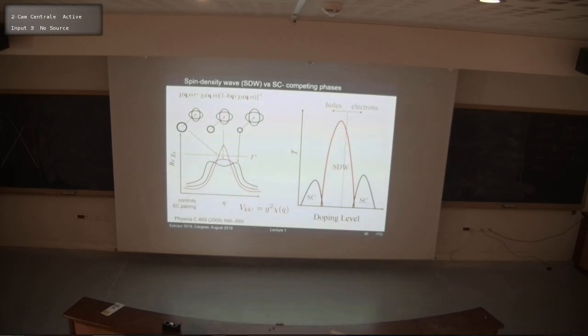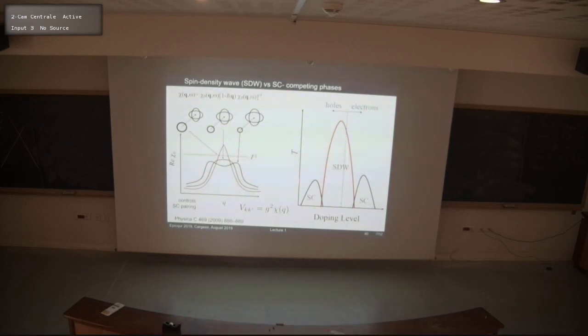But if we move away from it, if we lose the perfect nesting, that means if we dope with electrons or holes, in this case with electrons, we make the hole band smaller and the electron bands bigger, then the susceptibility will start to develop shoulders, and those shoulders are very important channels to allow for scattering between hole and electron bands and to promote superconductivity.